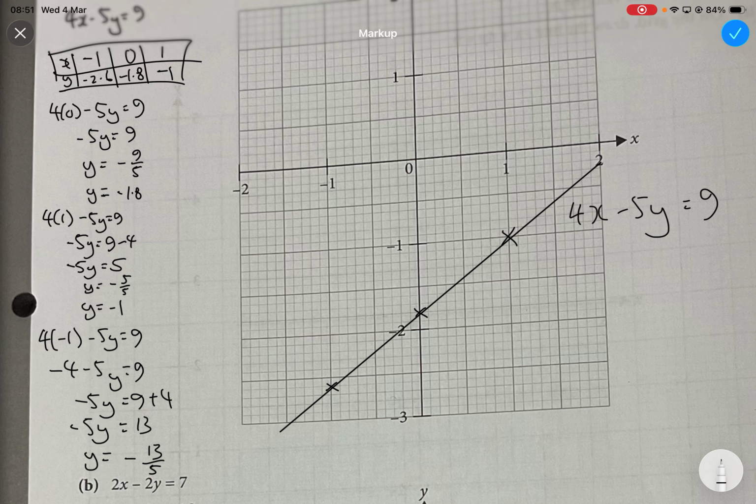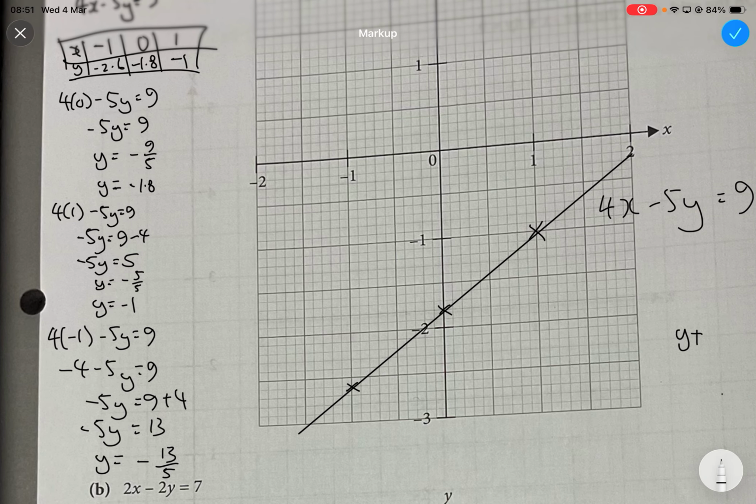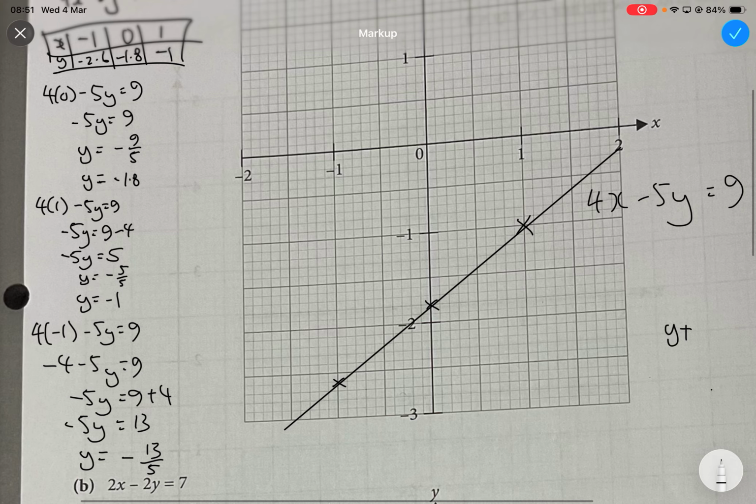Okay, the other one, y plus x equals to 1. I do here lah. Y plus x equals to 0. Y plus x equals to 0. Okay? This one is more straightforward. Y equals to negative x.